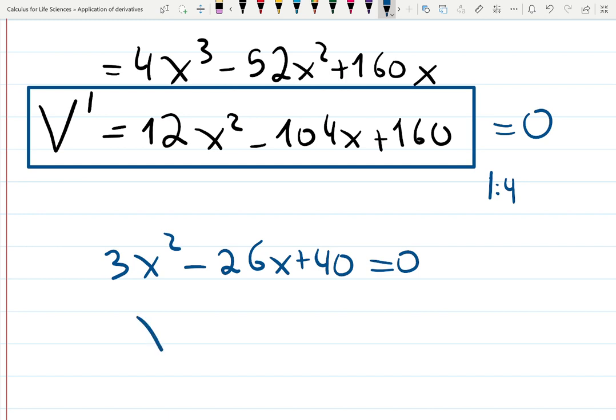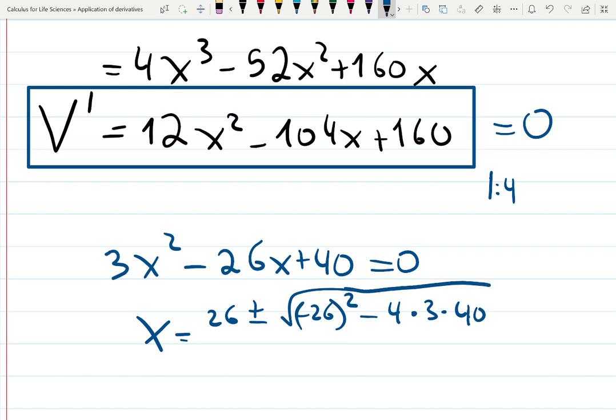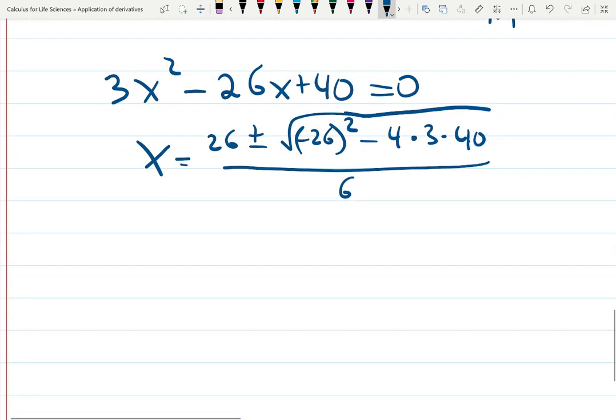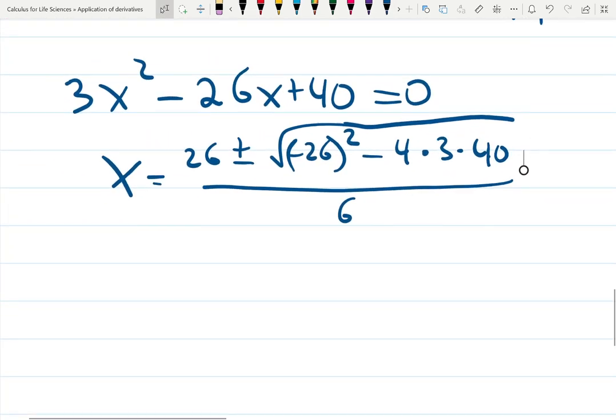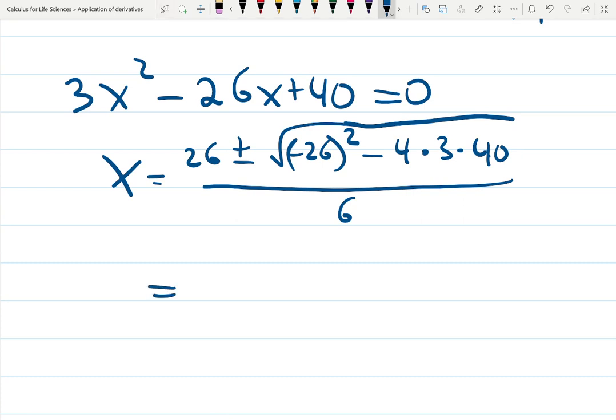Quadratic formula: x equals minus b, so 26, plus minus the square root of minus 26, don't forget parentheses, squared minus 4ac, all over 2a. So it's 6. Anyway, calculations of the algebra class. And you will have 2 solutions, 26 plus or minus 14 over 6.